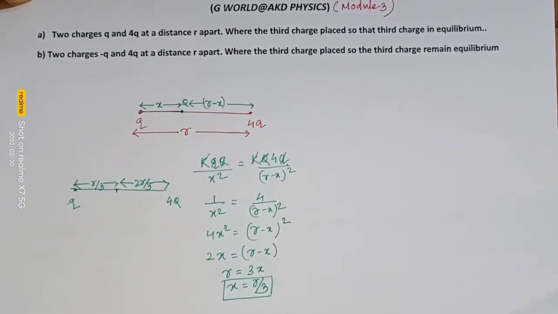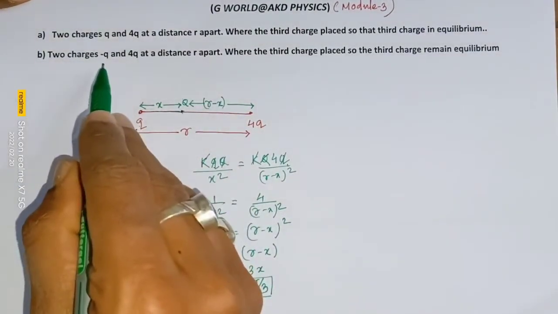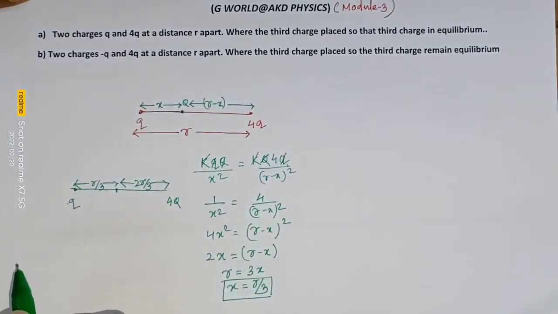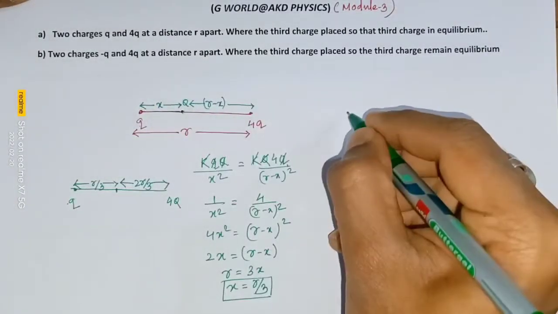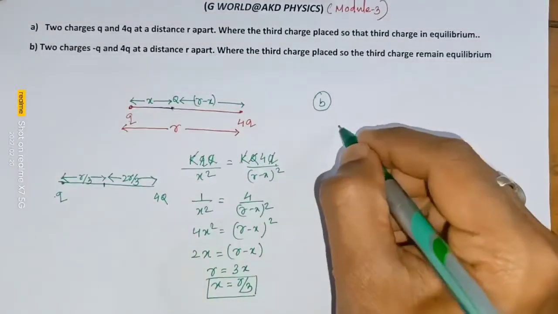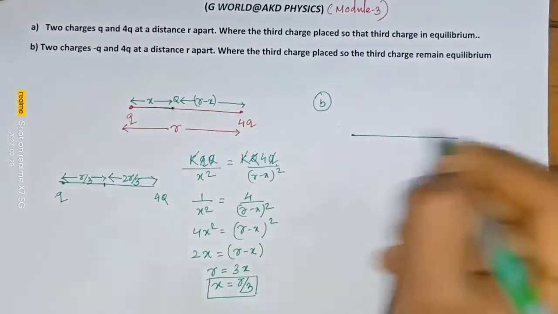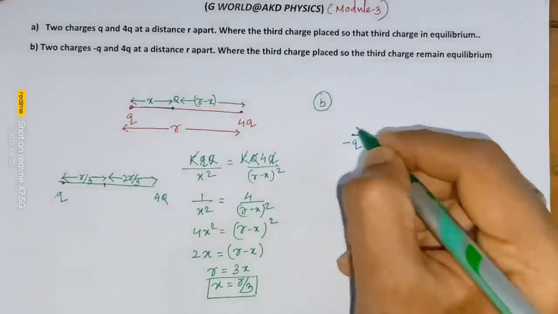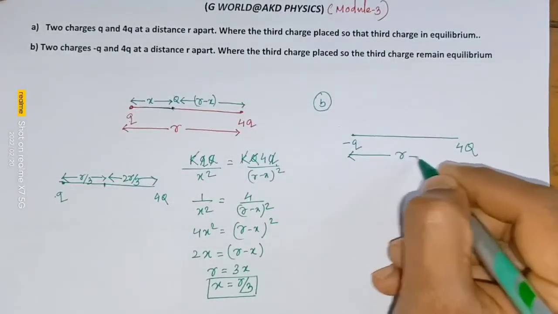Now look at the second question, with charges of different polarity. This charge is negative, this charge is positive, at a distance r apart. Going to question B, this is minus q charge, this is 4q charge, and they are at a distance r apart.